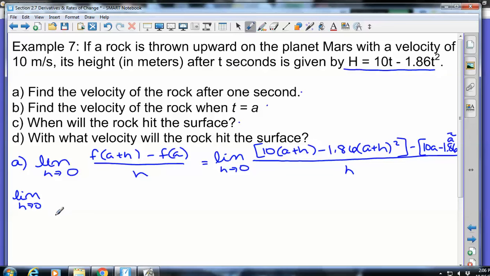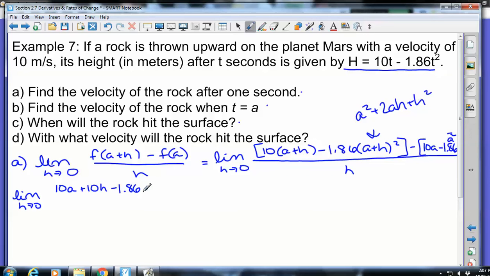So what do I need to do now? Yeah, let's start multiplying it out and combining like terms. If I distribute, I get 10a plus 10h. Can I square this and distribute my negative 1.86 at the same time? Am I going to lose you? A plus h squared would turn into a squared plus 2ah plus h squared.